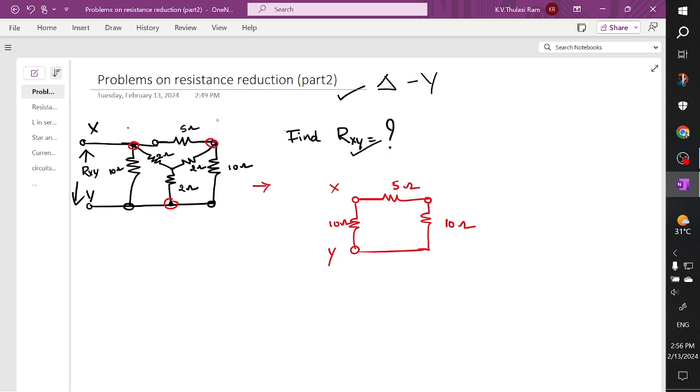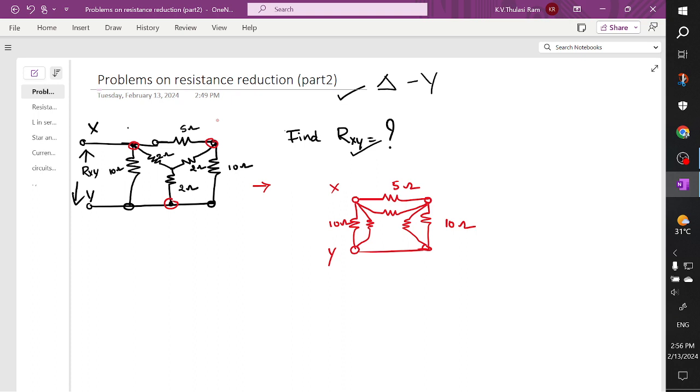So I'm going to convert this star to a delta. When I convert the star to a delta, I'm going to get the delta format like this. This is one element connected between these two, this is another element which is connected, and this is another element which is connected.